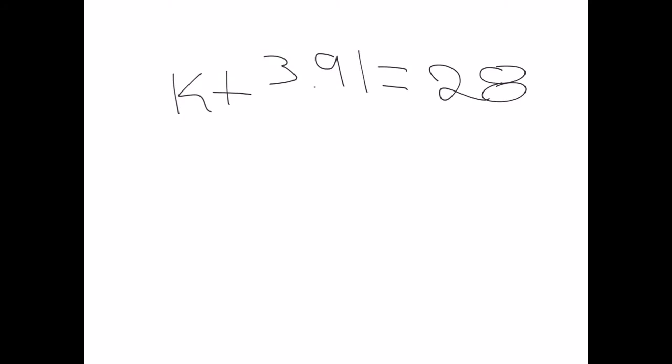This equation is addition. To undo addition, we have to subtract. So we subtract on both sides 3.91.